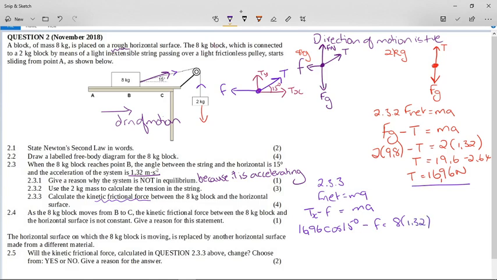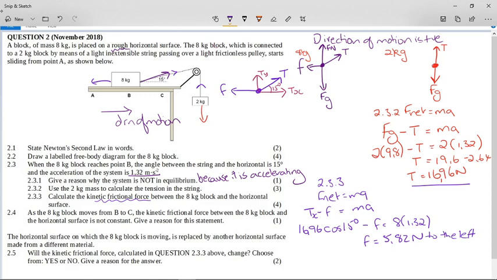So if you do some geometry here, you end up with F equals 5.82 newtons. Okay, but you're going to find that this is going which way? The friction is going to the left. So it is going to be to the left, because remember, it is a vector.